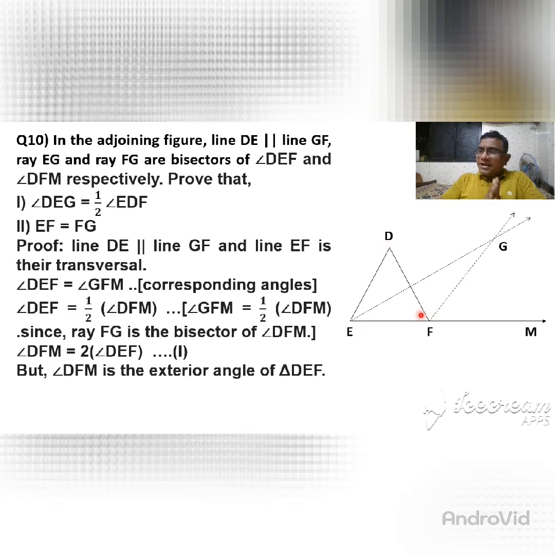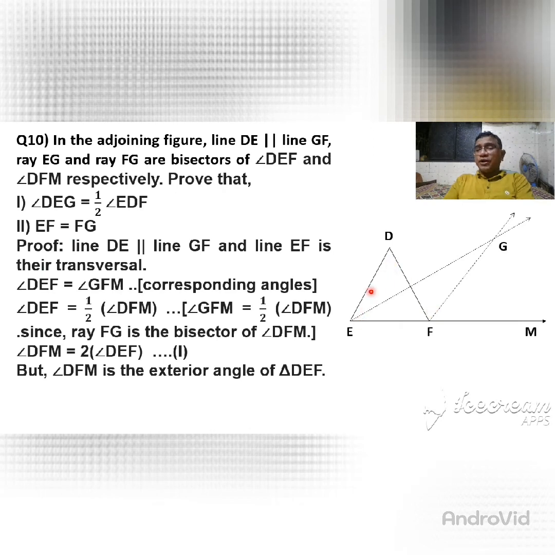So if it is an exterior angle, the exterior angle is equal to the sum of the remote interior angles. Again, remember that this is D, this is E, this is F. So this is triangle DEF, with angle D, angle E and angle F. This is the DFM angle, so it is the exterior angle.